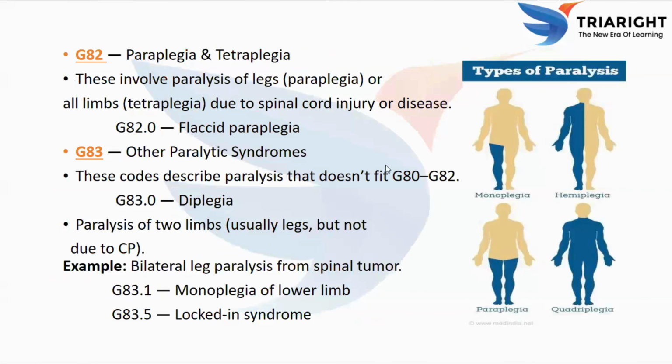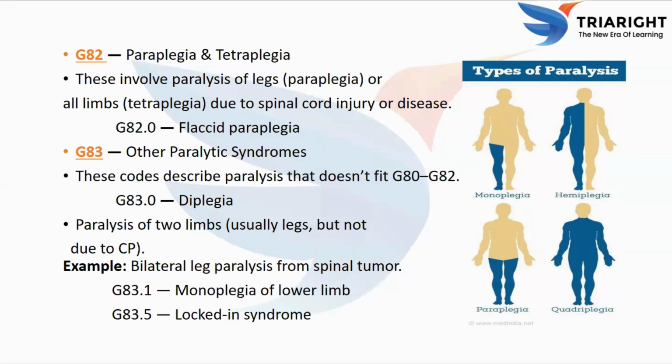So next coming to G82, paraplegia and tetraplegia. What do you mean by paraplegia? Para means both legs, right? These codes describe paralysis due to spinal cord injury and also spinal diseases. Paraplegia means paralysis of both legs, that is the lower limbs, whereas tetraplegia or quadriplegia is paralysis of all four limbs, both arms plus both legs.